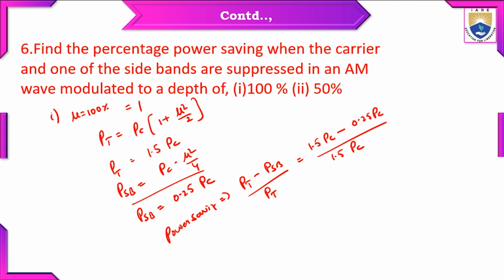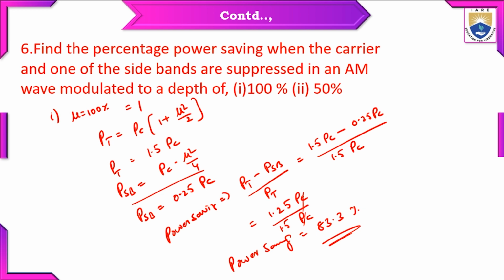So 1.5 minus 0.25, what do you get? 1.25 PC divided by 1.5 PC. The PC cancels, and 1.25 divided by 1.5. So how much power saving? The power saving is equal to 83.3% when mu value is equal to 1. So this is the first bit.